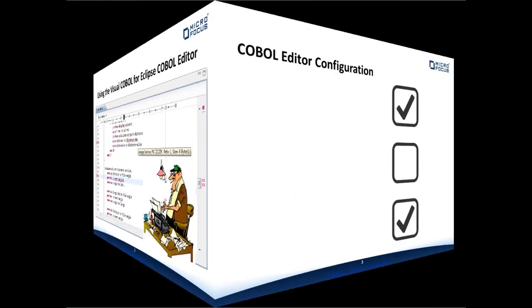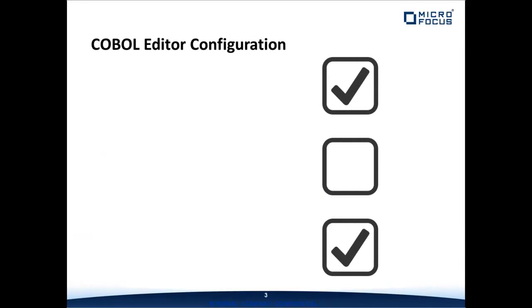There are several configurable options for the COBOL Editor, which govern the look and feel of the editing experience. Some are related to the appearance of the editor, including colorization of displayed code and the fonts and background colors used in the editor.